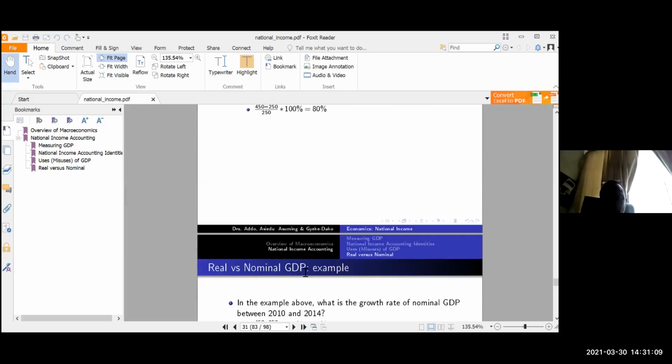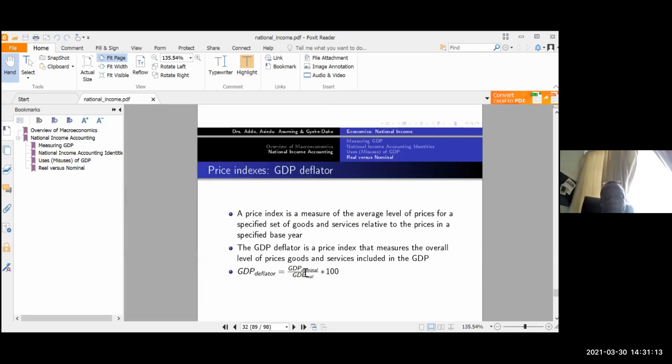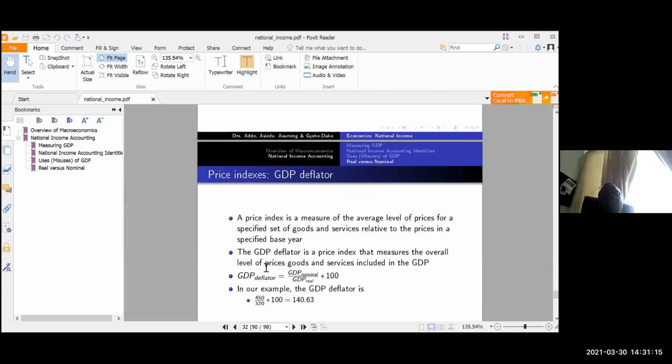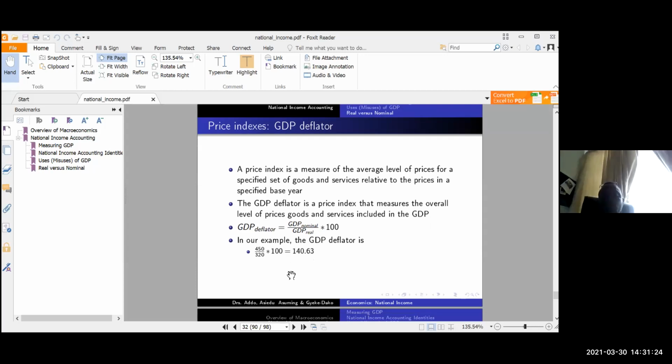In our example, the GDP deflator will be 450 divided by 320, the nominal GDP over the real GDP, times 100, which gives us 140.6. That gives us the deflator.